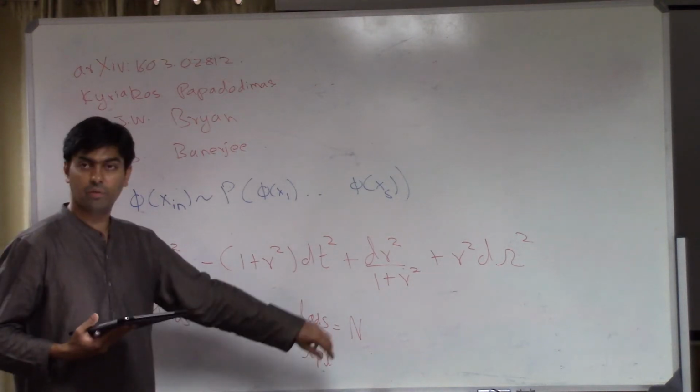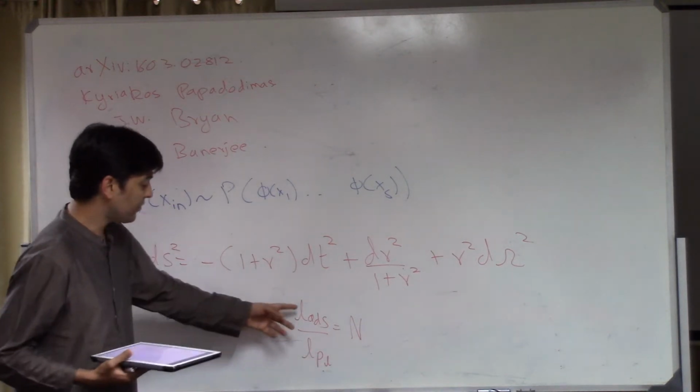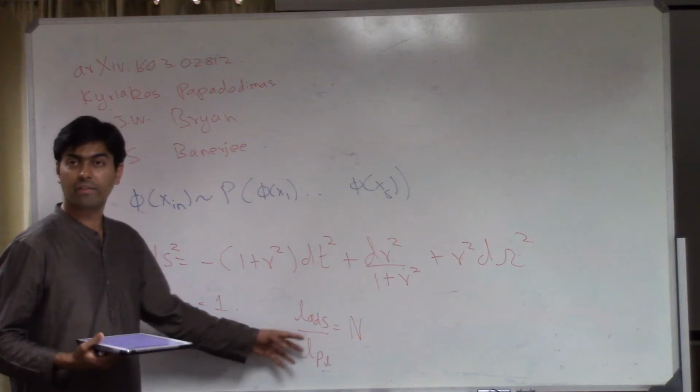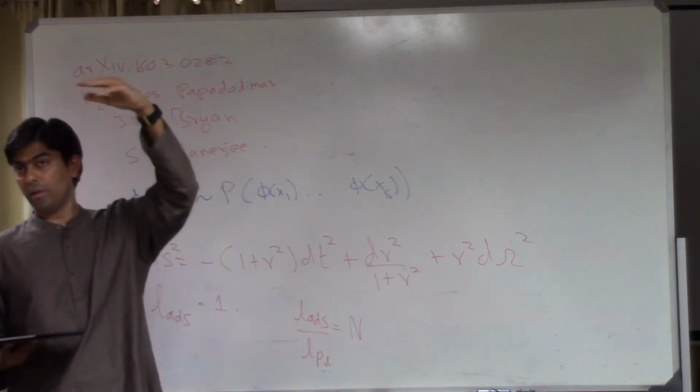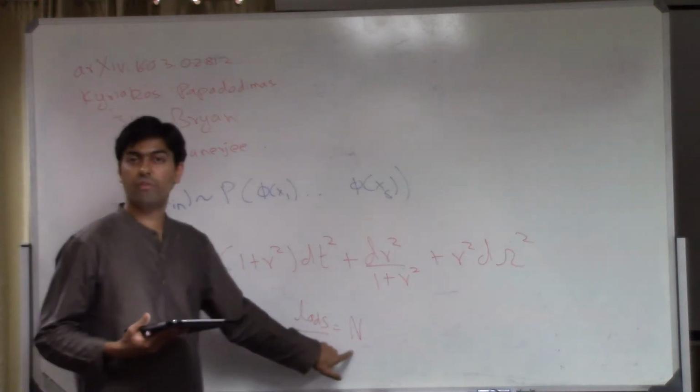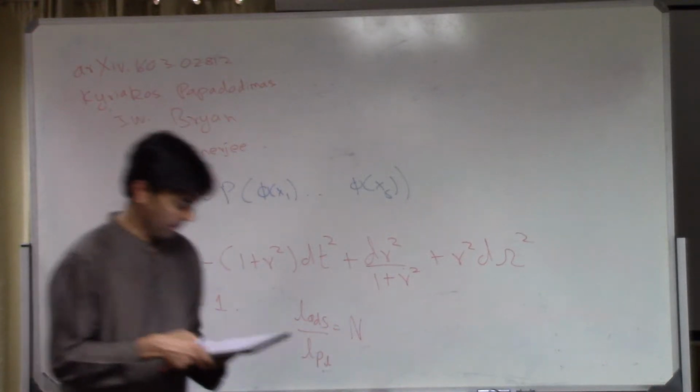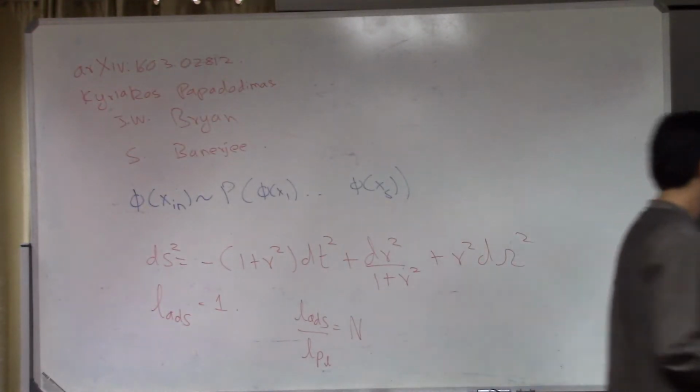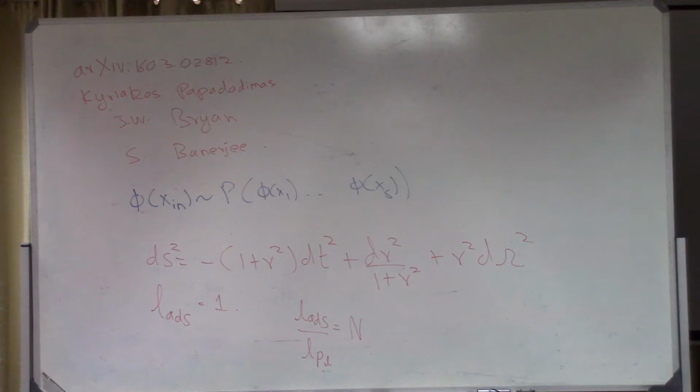But for us here, we just want a large parameter, and the large parameter is the ratio of the AdS scale to the Planck scale. So the AdS scale is much bigger than the Planck scale, and how much bigger is quantified by this number N.